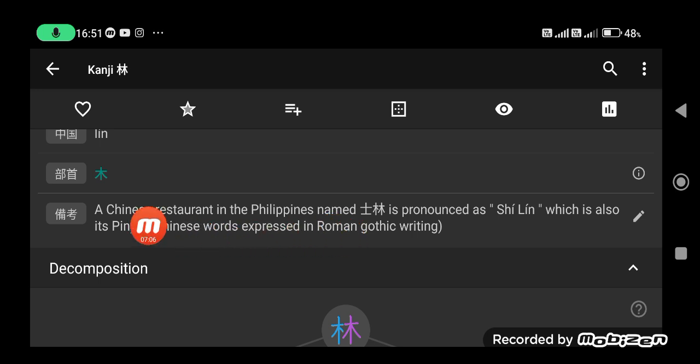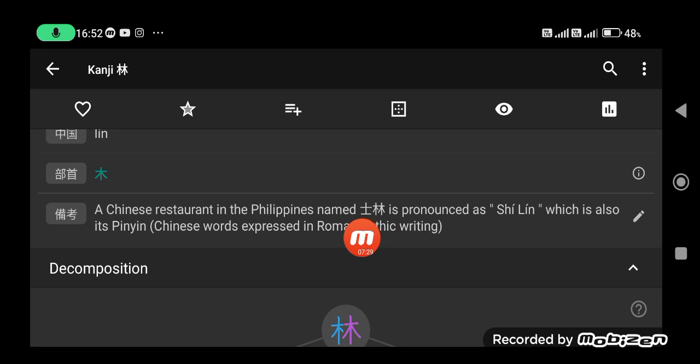So here is a Chinese restaurant in the Philippines named Shilin, written like this. If you have knowledge of kanji, most likely you will be able to somewhat understand or read Chinese words. Like here, Shilin. If you go to the Shilin restaurant, you can see this kanji here.